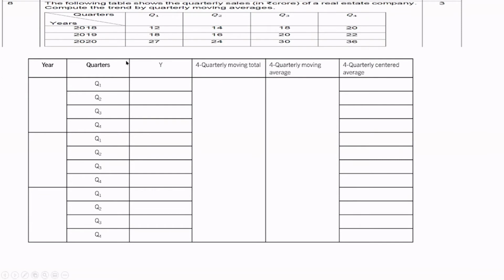So let us draw this table. For 2018, 2019 and 2020, the data which is given here, you can write it in this way.